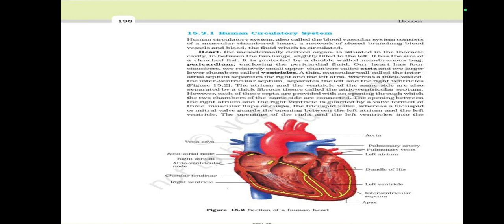Our heart is four chambered, with two relatively small upper chambers called atria, and two larger lower chambers called ventricles.